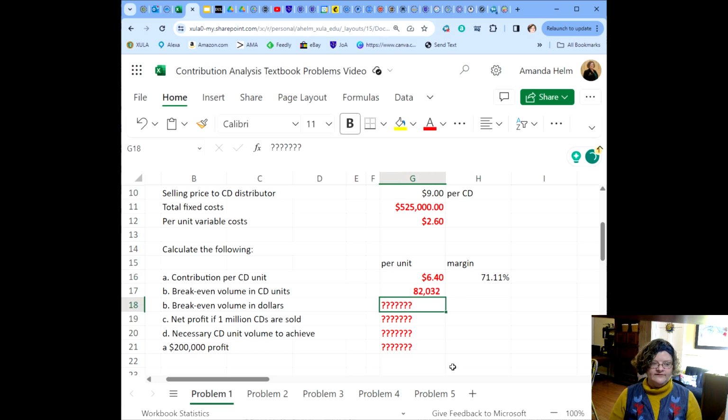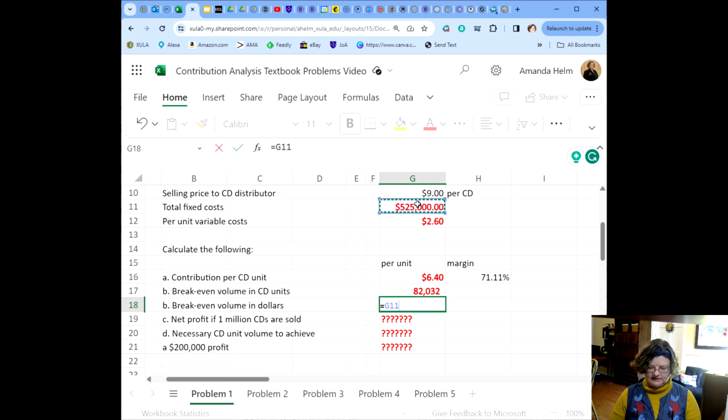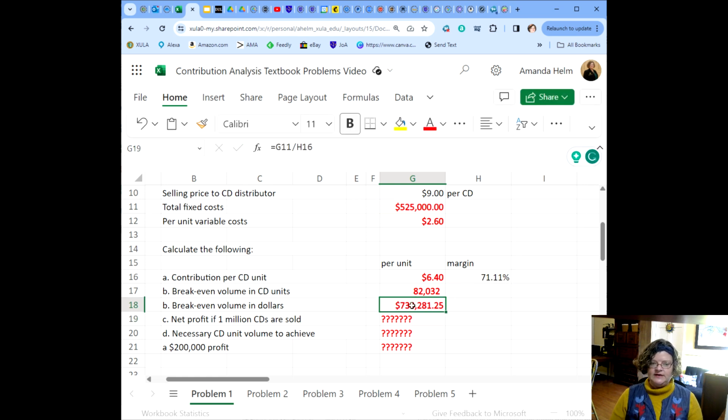So my break-even volume in dollars, one way I can do it is take my total fixed cost as my financial goal divided by my contribution margin, and that tells me I need to sell $738,281.25 worth of CDs in order to break even. Another way is, I already calculated that I need to sell 82,000 CDs.